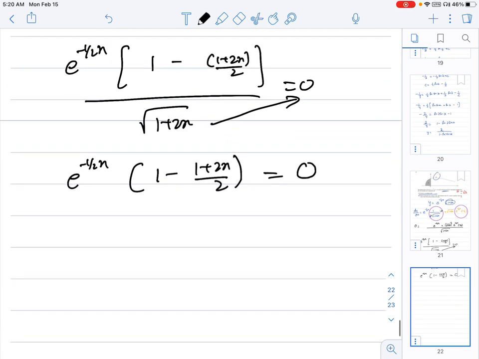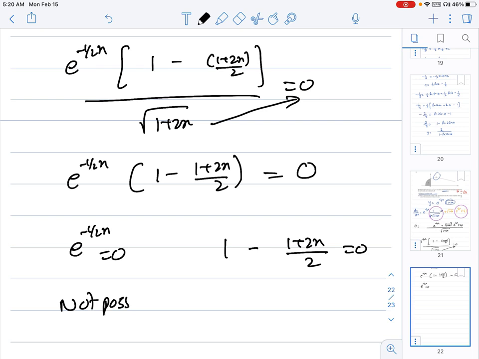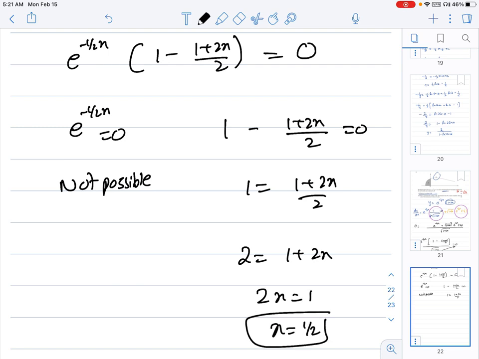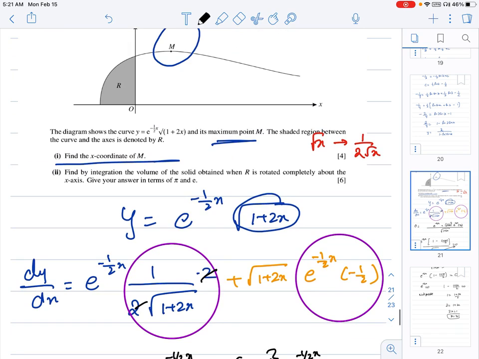E to the power of minus half x is equal to 0, this is not possible, or 1 minus 1 plus 2x upon 2 is equal to 0. So 1 is equal to 1 plus 2x upon 2. 2 is equal to 1 plus 2x. 2x is equal to 1. X is equal to 1 by 2. So that is the x coordinate of M.